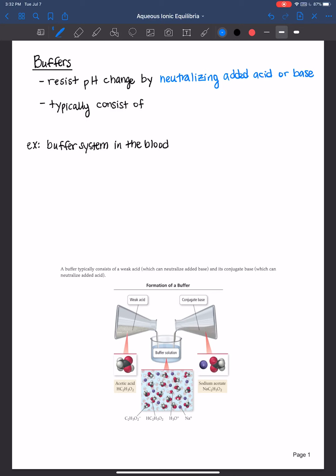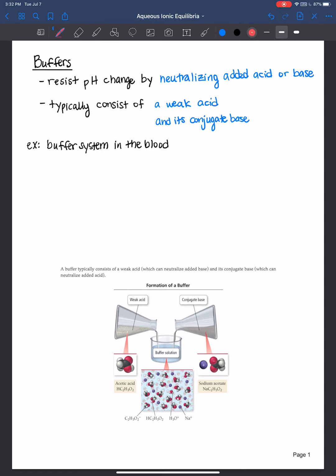Typically, they consist of a weak acid and its conjugate base. Or you can think of it as a weak base and its conjugate acid.